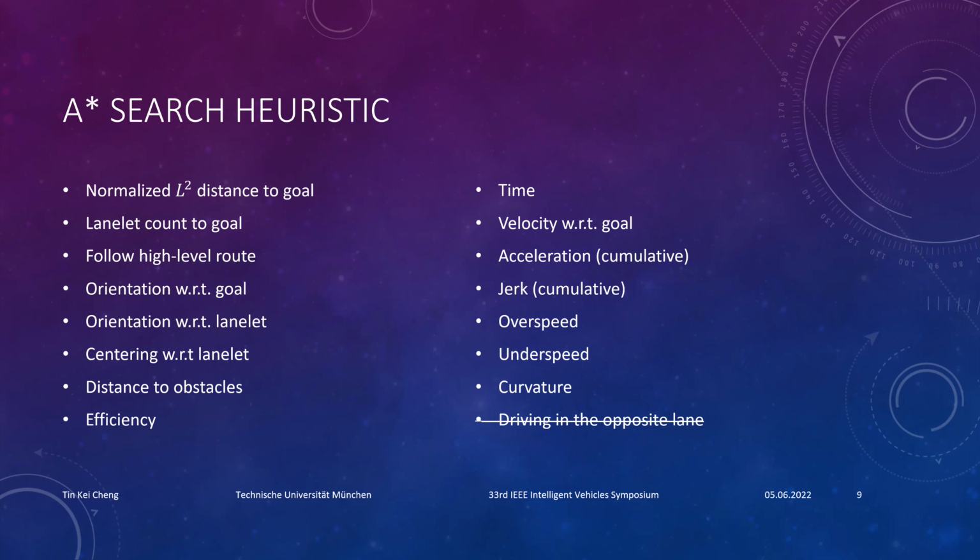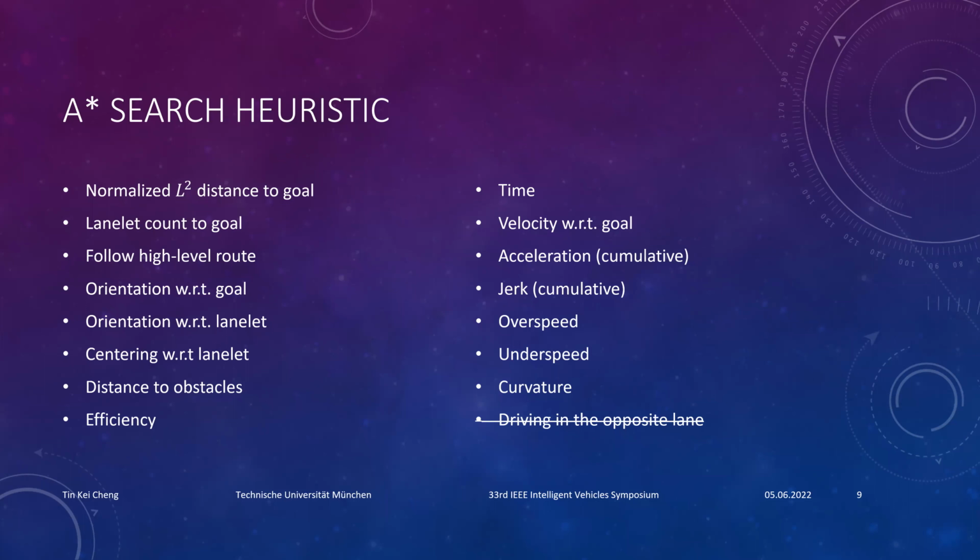Do you have other questions? If I understand well, do you plan once at the beginning for the static scenario at least, and then execute, or do you replan at a fixed frequency, for example?